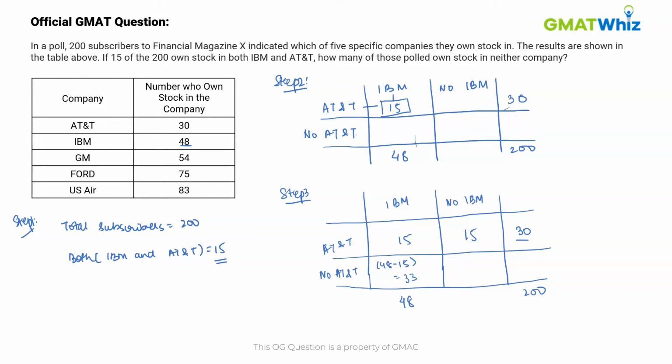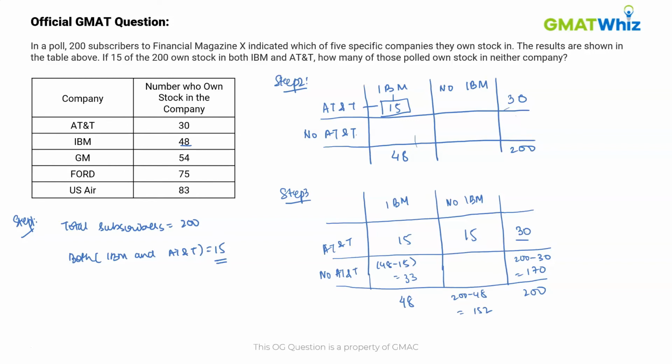And since the total should be equal to 200 and there are 30 subscribers who own stock in AT&T, that means there are 200 minus 30, or 170, subscribers who do not own any stock in AT&T. And if there are 48 subscribers who own stock in IBM, that means there will be 200 minus 48, or 152, subscribers who do not own stock in IBM.